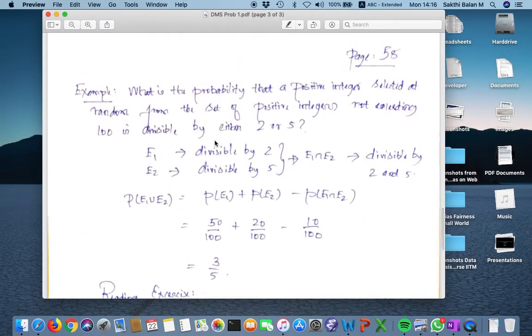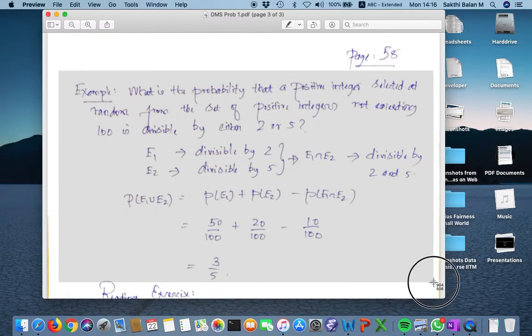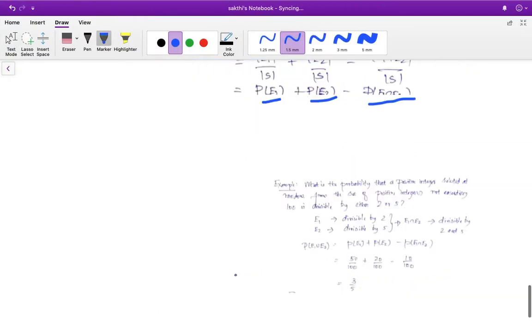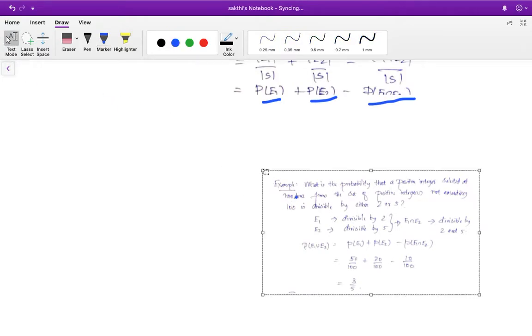Okay, so let us take that example out, and I'll paste it here, then elongate it.